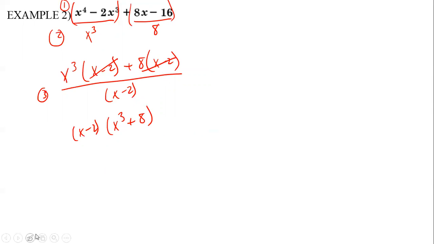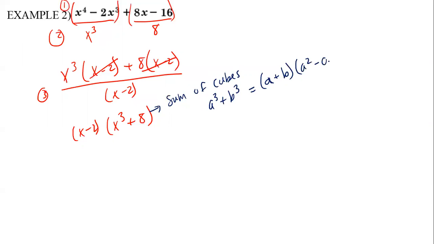Now, you may be tempted to stop right here. We're going to talk about this further tomorrow, but this is a sum of cubes, and sum of cubes has its own rule. For a cubed plus b cubed, it factors to (a plus b) times (a squared minus a times b plus b squared).